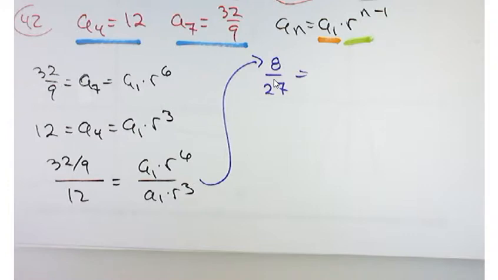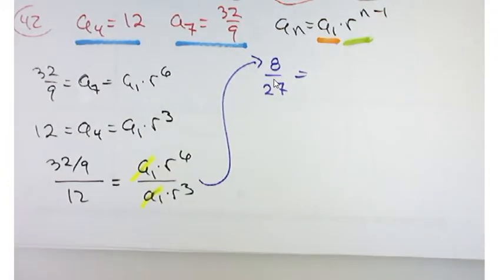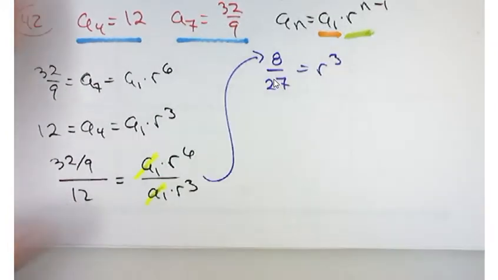But what about the right-hand side? Well done. R to the 3rd. The important thing to see here, and this is why we divided like this, is that we canceled out the a sub 1. So now we got a problem that just deals with r. R cubed. In fact, we have a pretty easy route to solve for r. What do you have to do to solve for r? Cube root, right?